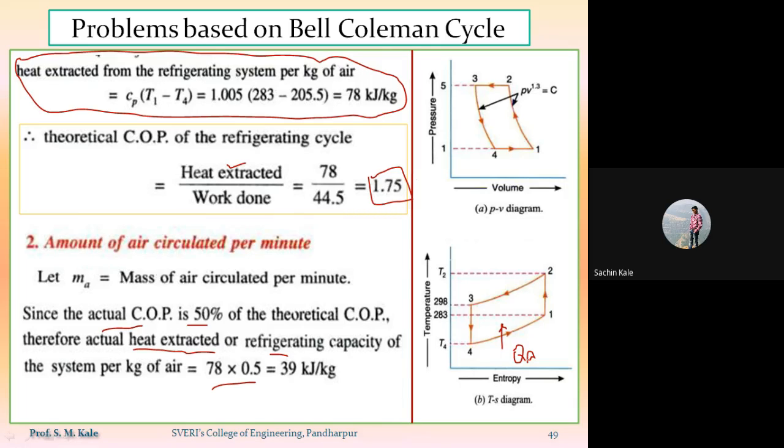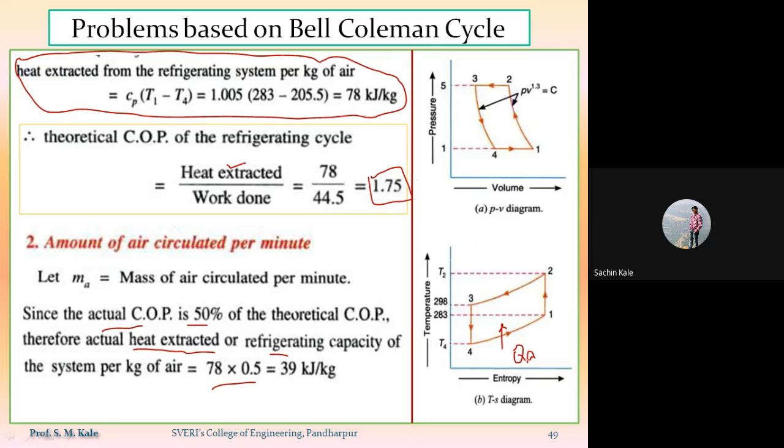But as we are knowing that actual COP is 50% of theoretical COP, that means the actual amount of heat absorption during the refrigeration process will be 50% of the theoretical amount of heat absorption. Are you getting this statement?